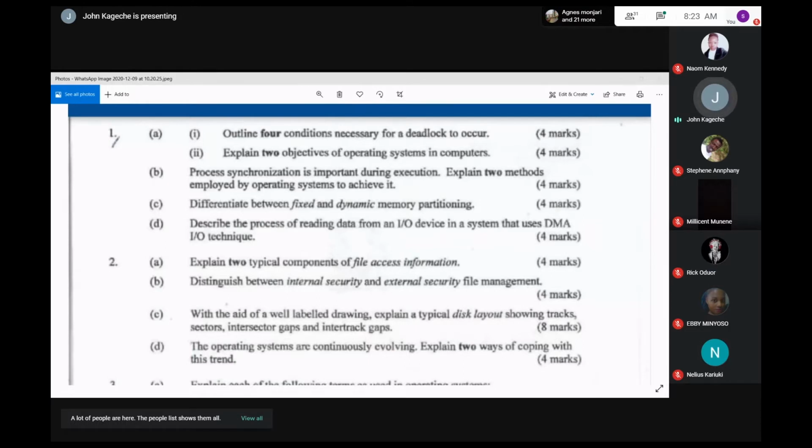In fixed partition, the processes are loaded into equal partitions of greater size or equal size. But in dynamic partition, the processes are loaded into partitions of exact size as the process.